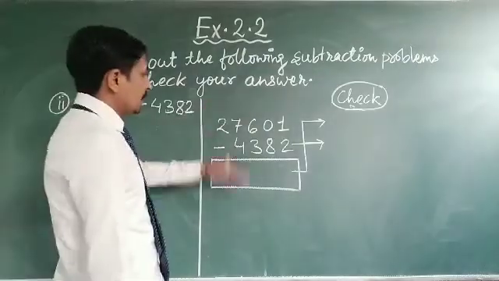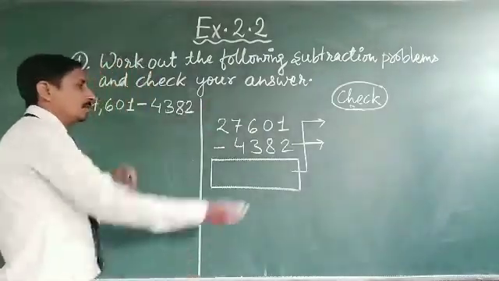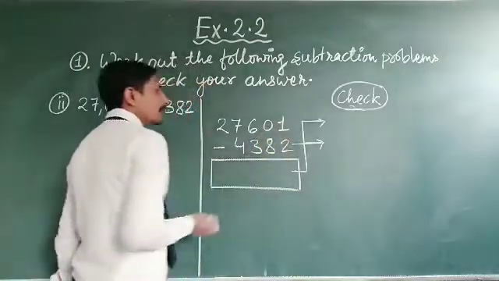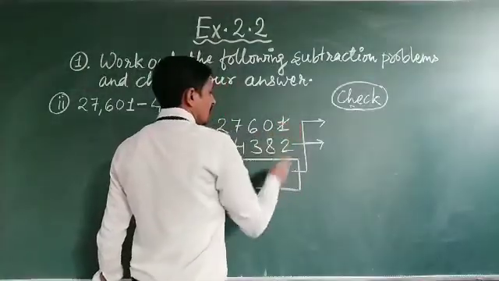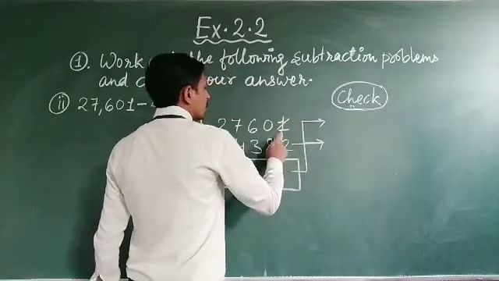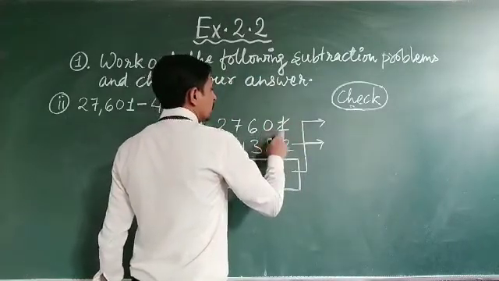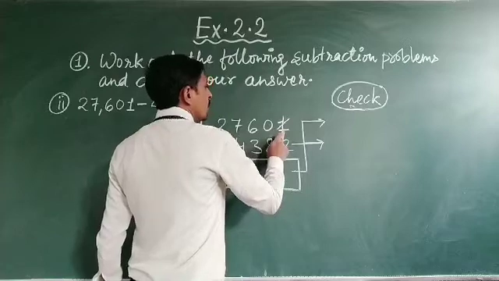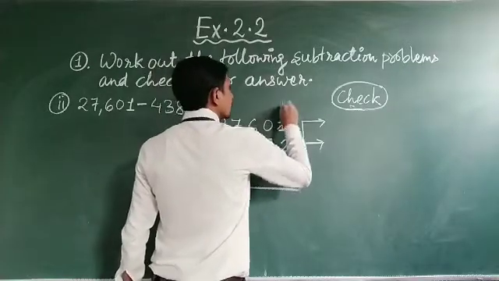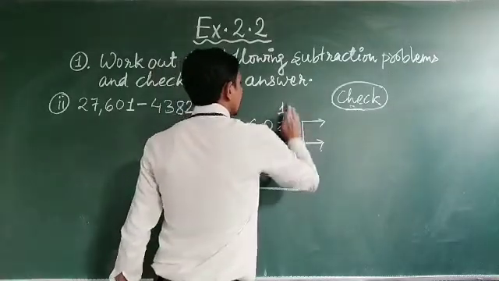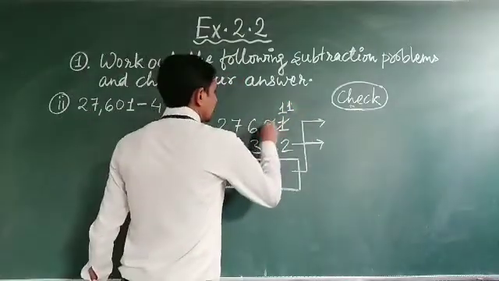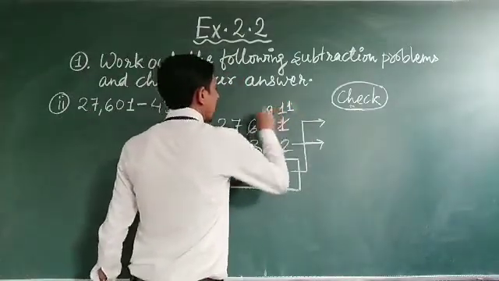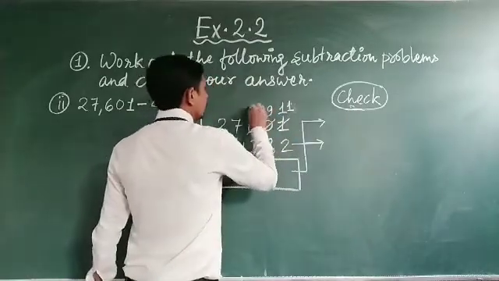We have written it vertically, and now we start subtracting from the ones place. Here 2 cannot be subtracted from 1, so we borrow 1 from here. When we borrow 1 it becomes 11, here it becomes 9, and here it becomes 5.